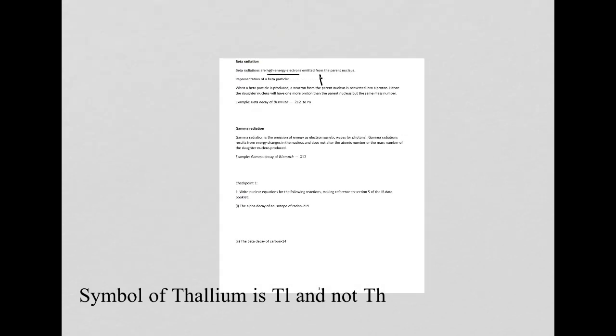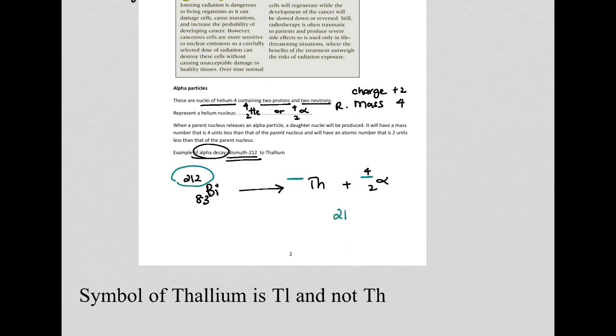So to find the atomic mass of thallium, we're going to do 212 minus 4. So this is going to be 208. And similarly, here the atomic number should add up to give what is on the left. So then 83 minus 2, that's going to be 81. So this is the atomic number for thallium. So what is on the left should equal all the masses on the right.